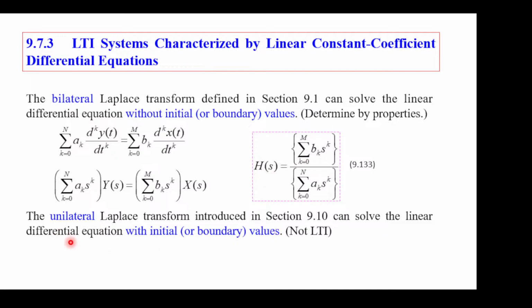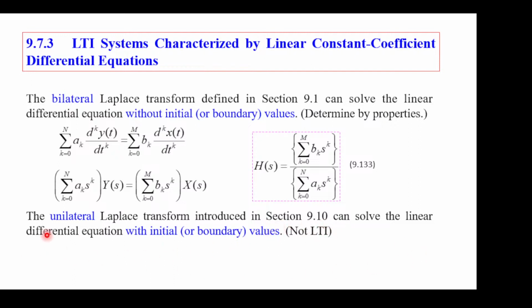There is something else kind of weird. At the end of the chapter, we will talk about another kind of Laplace transform called the unilateral Laplace transform, which can also solve differential equations. It's not with initial rest anymore. We'll have arbitrary non-zero initial boundary values, but it's tricky because, since you are not with initial rest anymore, the system you are doing is actually not an LTI system.